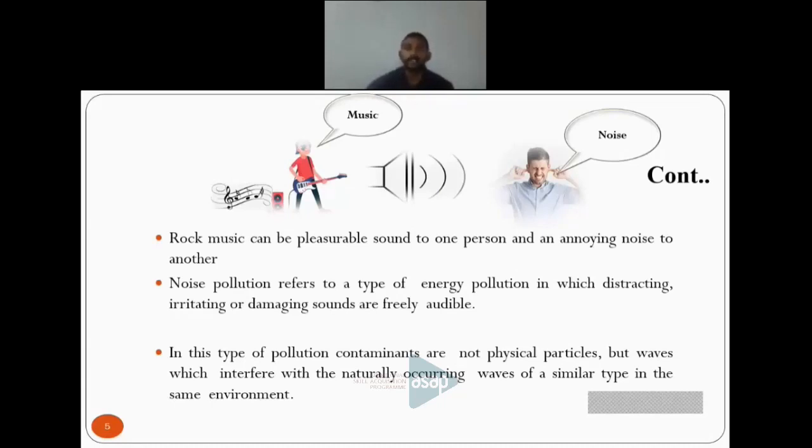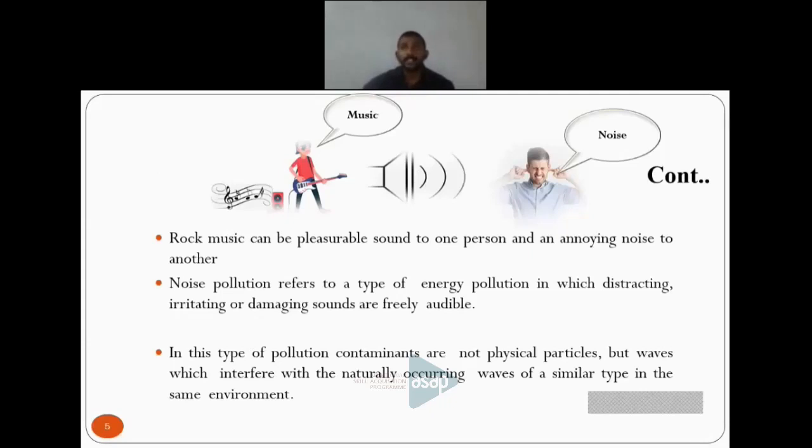That is called noise. Noise pollution refers to the type of energy pollution in which distracting, irritating or damaging sounds are freely audible, causing irritation or distraction to other people.